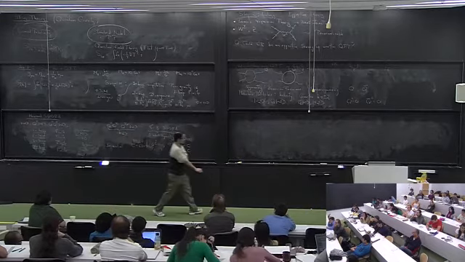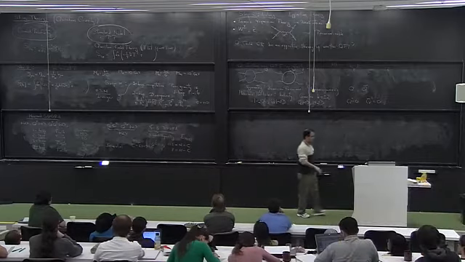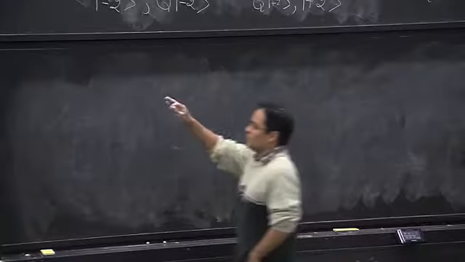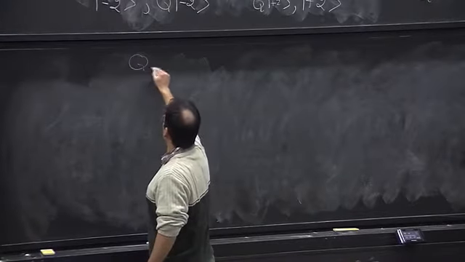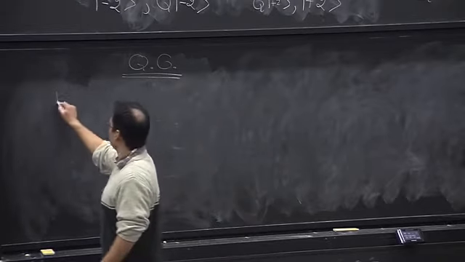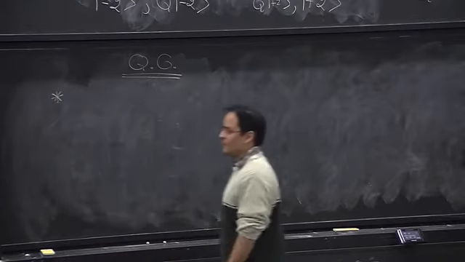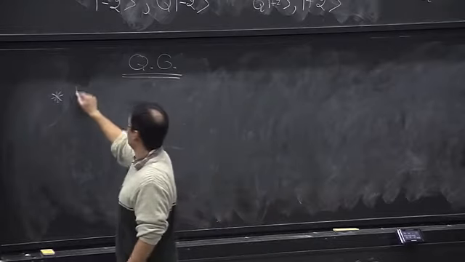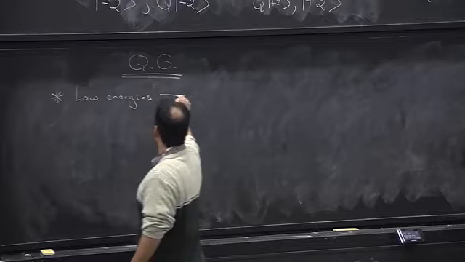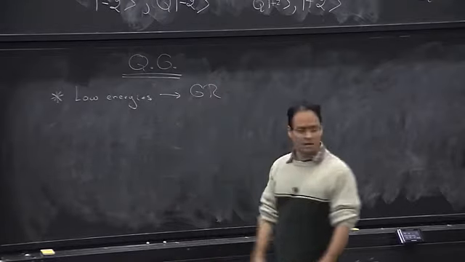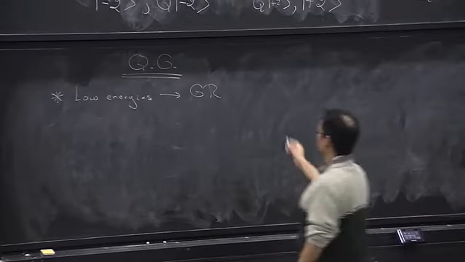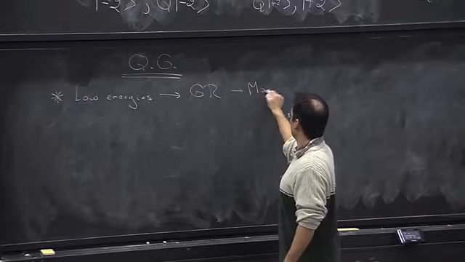Okay, so now let's move on. I just wanted to give you a snapshot of where we are now. But I hope I've convinced you that if you're looking for a theory of quantum gravity, at the very least, it has to do 2 things. One is at low energies, it has to give you GR. It has to give you a space-time, a macroscopic space-time.